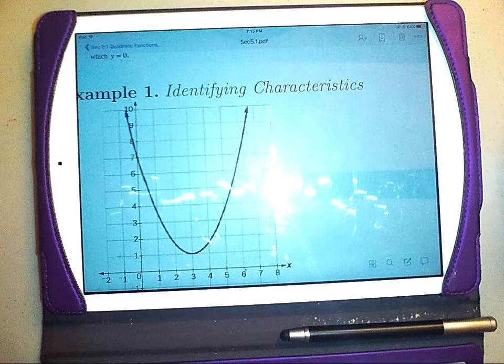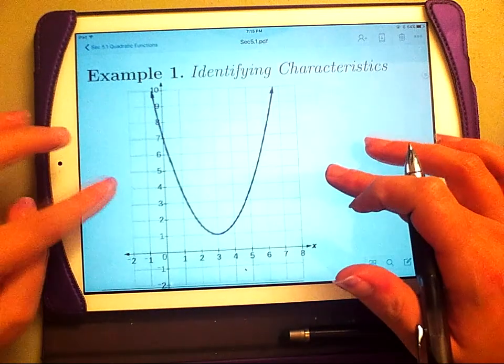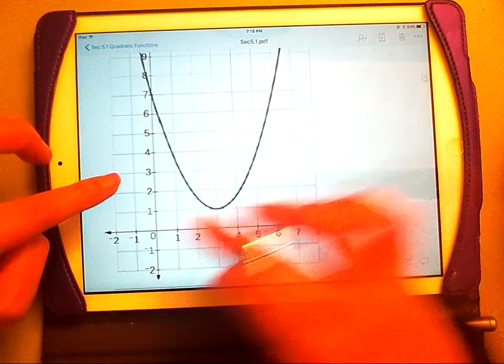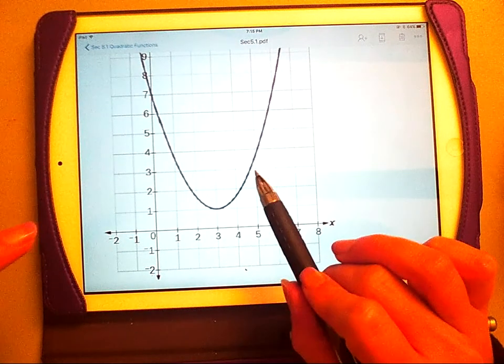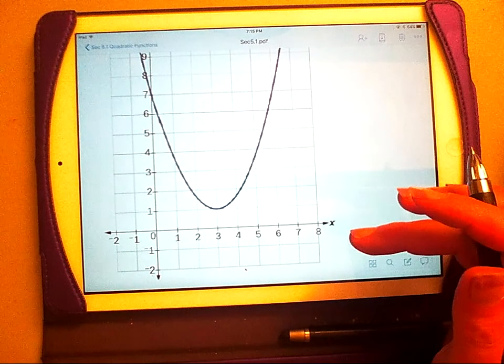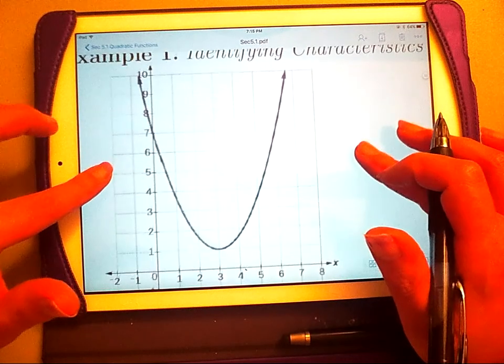All right. So let's look at this graph. Okay. So if we had to identify from the graph, the x-intercept does not exist. Okay? And we'll see later that when the graph does not cross the x-axis, what we actually get is imaginary solutions to solving where the function equals 0. Okay?